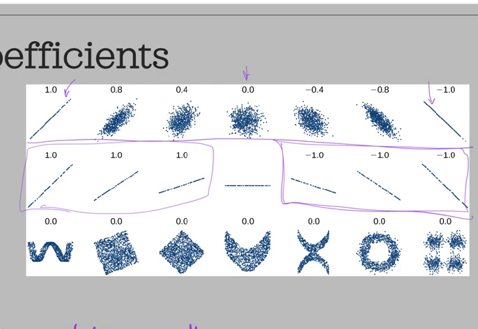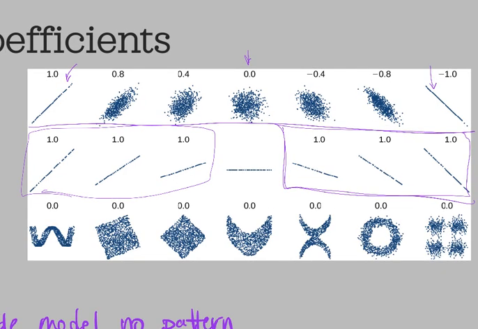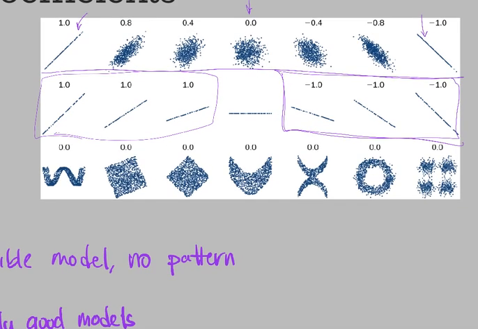Okay? Now, this last line here brings up a really important idea: nonlinear patterns. Nonlinear patterns means that the R value does not exist. The R value only applies if you are using a straight line.